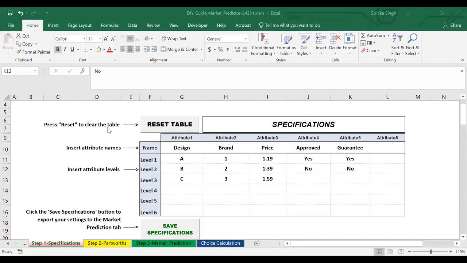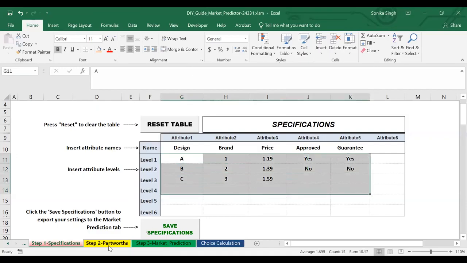That file is actually the predictor model. Whatever steps you saw in the previous Excel file are coded in the background, and all you have to do is recover the market shares by simply entering the information of your design and the part worths.